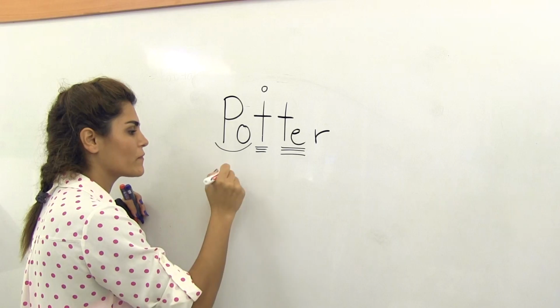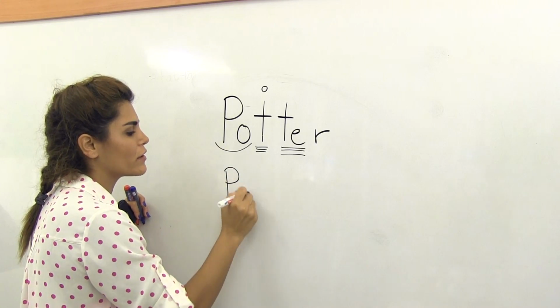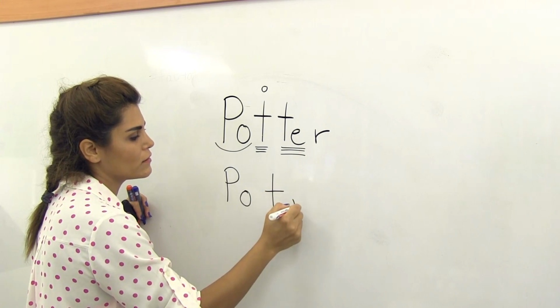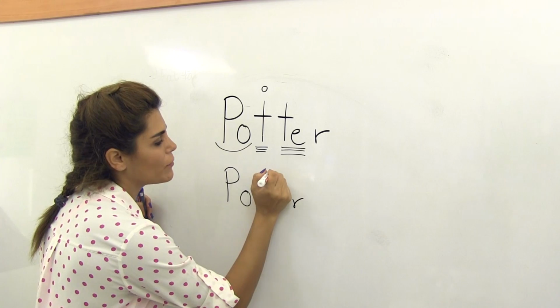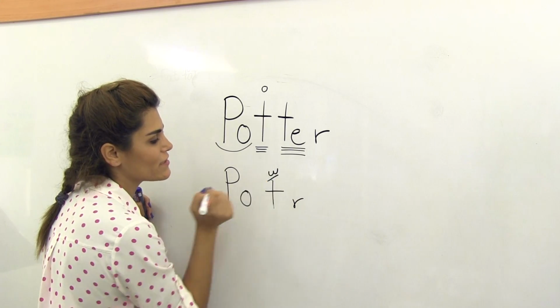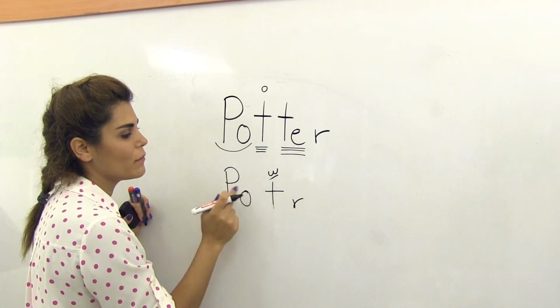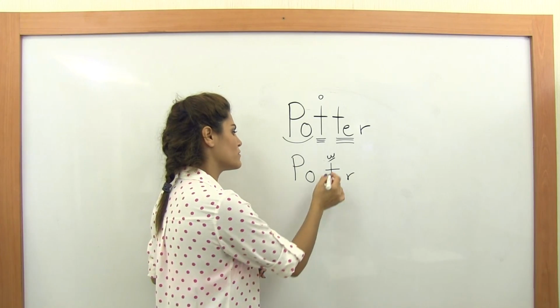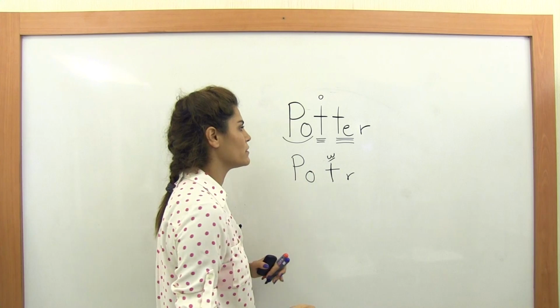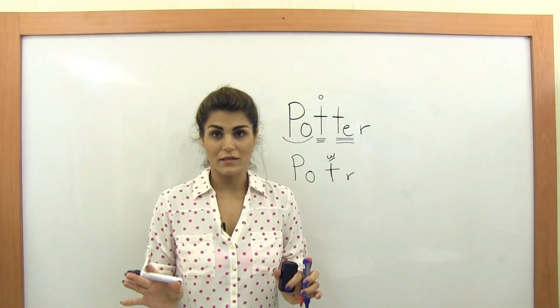So what we do is write one letter, as you see like that, and on the top we put the shadda with the kasra. Okay, potter. This is like between Arabic and English, if you want to understand it better. Okay, so this is shadda.